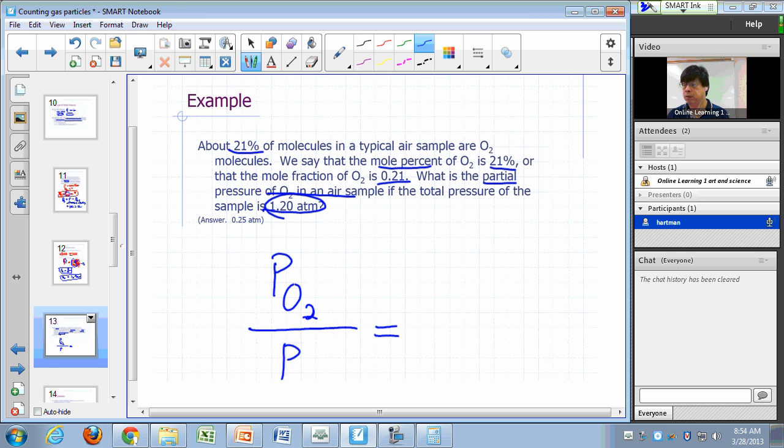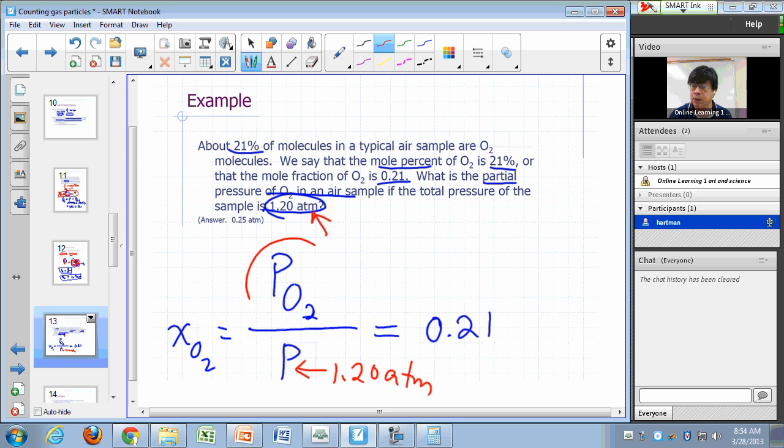Mole fraction of O2 is the partial pressure of O2 divided by the total pressure, which is given to be 0.21. I know my total pressure is given as 1.20 atmosphere, so I should be able to solve for the pressure of O2.